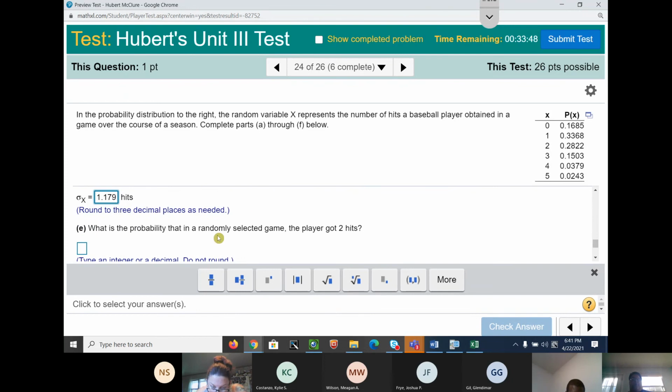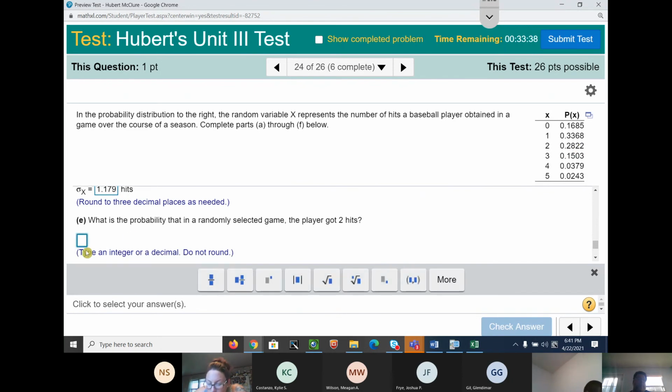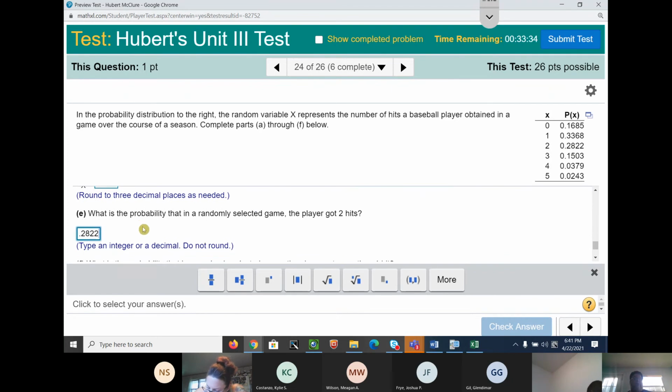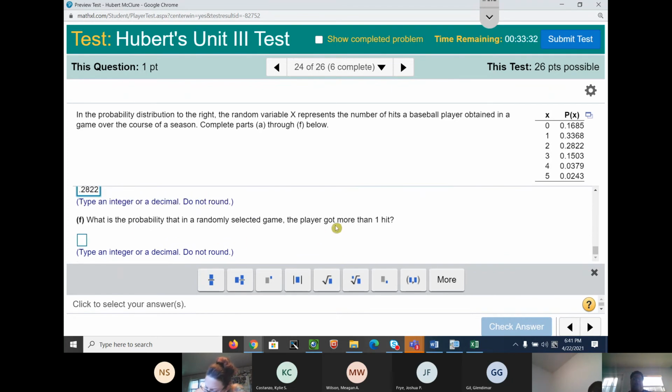What is the probability that a player got 2 hits? Somebody tell me, 2 hits is equal to what? 0.2822. And what is the probability that a player got more than 1 hit? Well, you're going to have to add up 2, 3, 4, and 5.